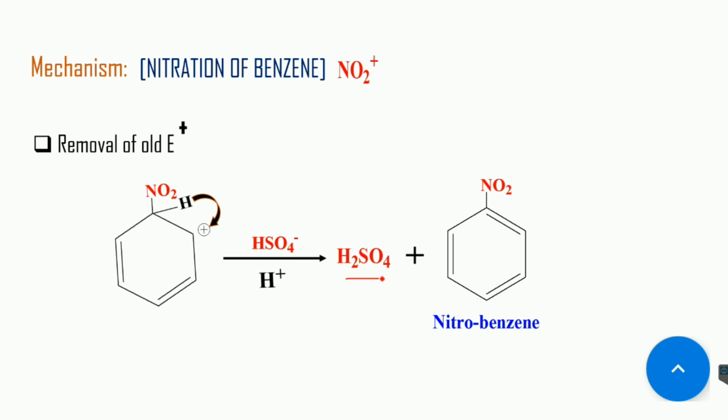First one is generation of electrophile, second one is attack of electrophile, and the last one is removal of old electrophile. On the basis of these three steps, we finally get our desirable product, whether it is nitration, sulfonation, or halogenation.